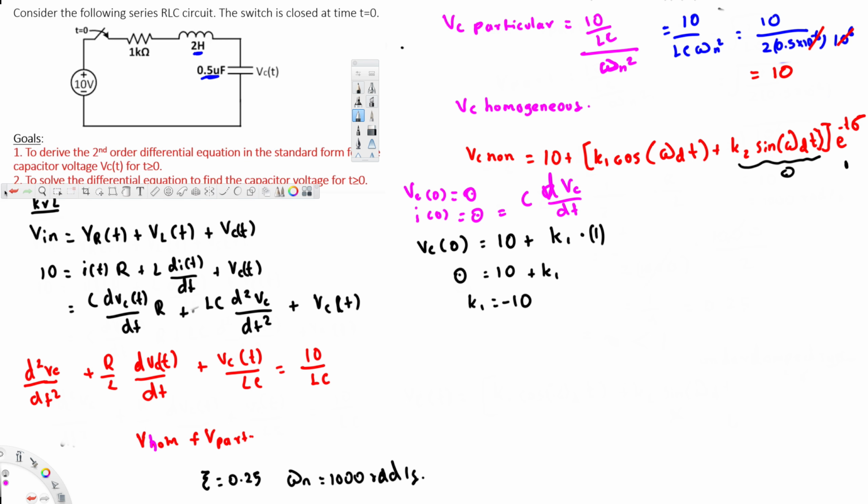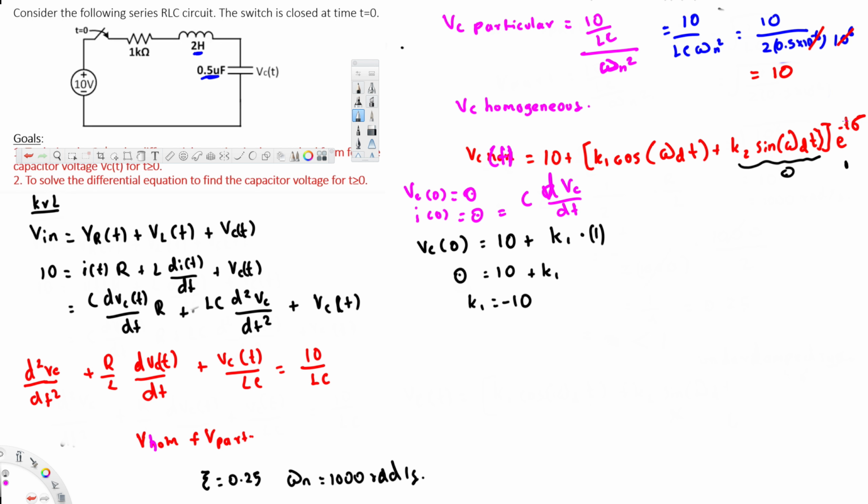That is what we are going to use, because it is the derivative of this equation, our Vc of t, multiplied by C. But before we find the derivative, let's multiply in this e to the power negative sigma t, so it will be easier.